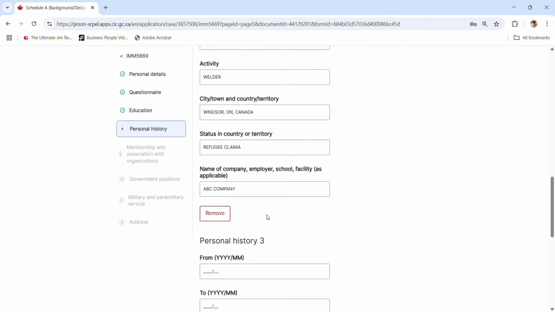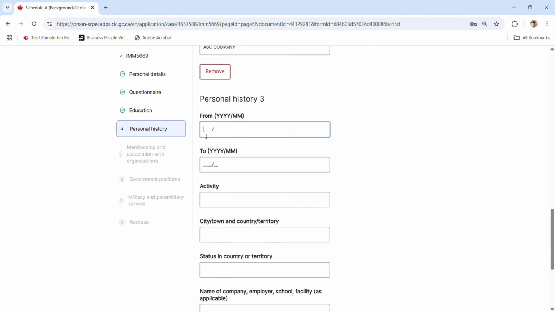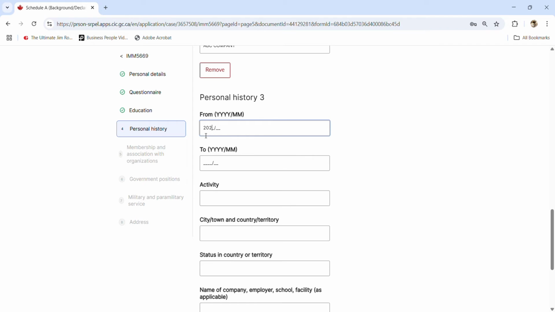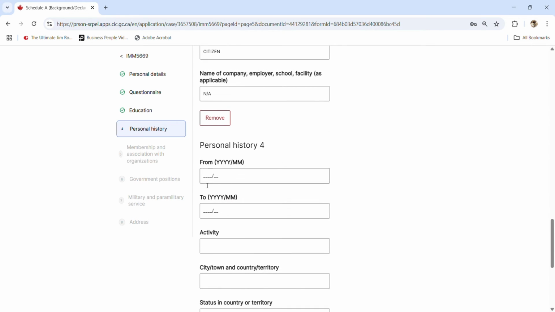And then after that, you add another one so that you can make it up to 10 years, all right? And then personal history number 3, let's say you're unemployed from 2020, January to 2025, January, and then in here you can put it as unemployed. City, Hanoi, Vietnam. Citizen, not applicable. And then you add another, personal history number 4.